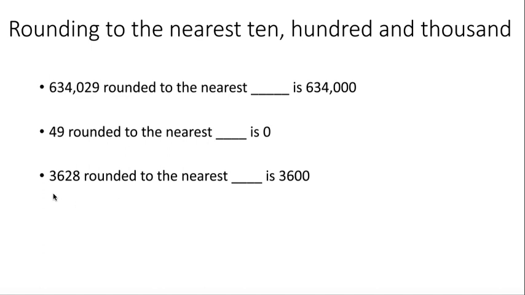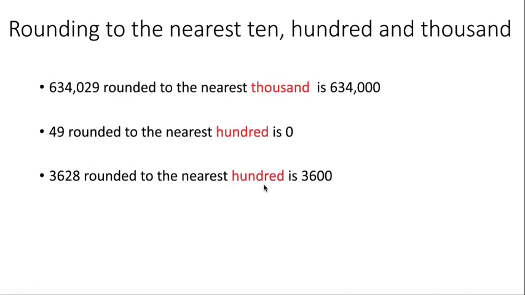And finally, we've got 3,628 rounded to the nearest what is 3,600. So we round it to nearest 10, 100, 1,000. Write your answer down. And let's reveal the answers.